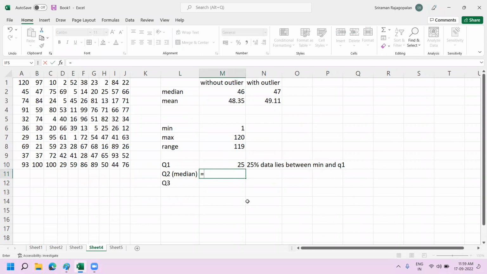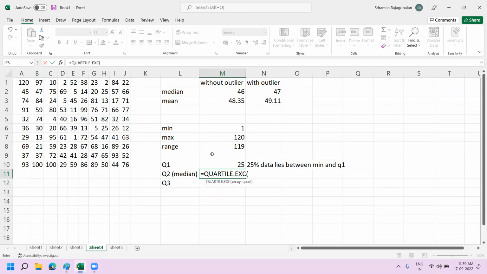N plus 1 by 2. For Q1, it is N plus 1 by 4. And for Q3, it is N plus 1 into 3 by 4. So median, the formula is quartile.